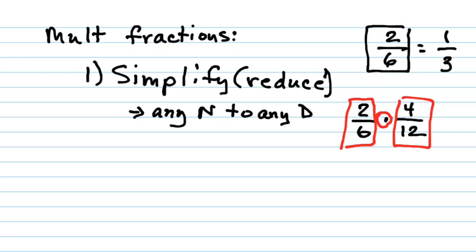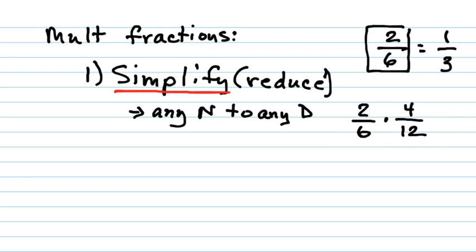Well, let's go to our rules. It says that before I multiply fractions, the first thing I need to do is what? Simplify or reduce. And that can be any number, any fraction. Actually, I'm going to change these numbers a little bit because I want to show you something.